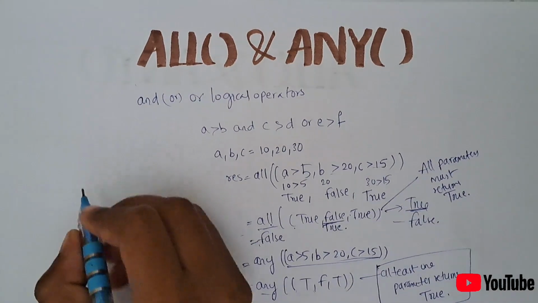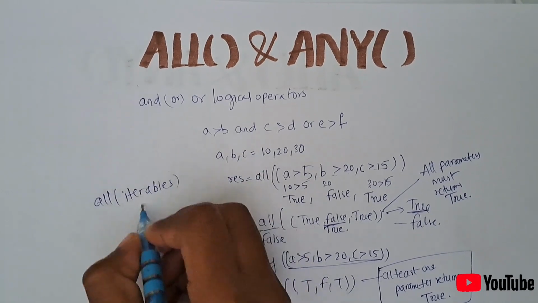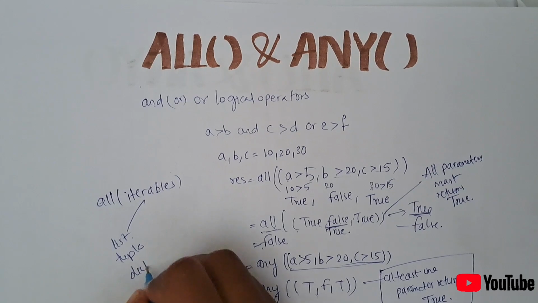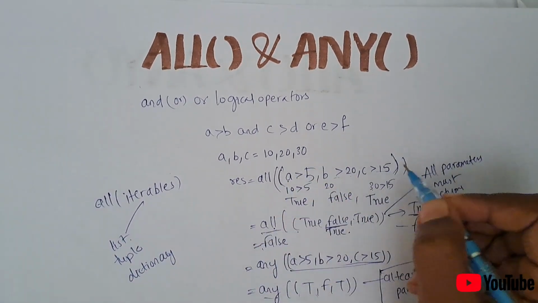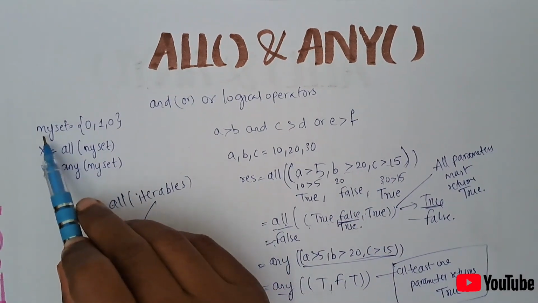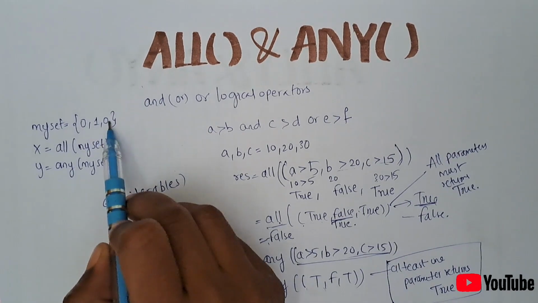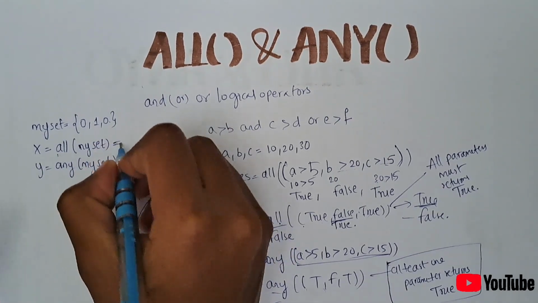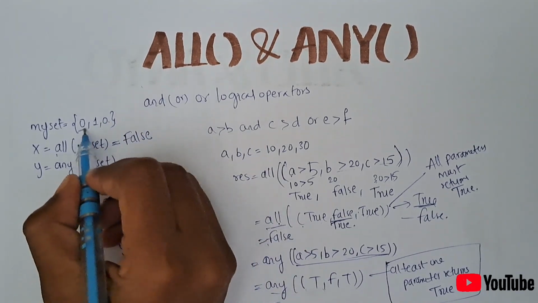Here the all function takes an iterable as a parameter. The iterable can be a list, a tuple, a dictionary, whatever it may be. In this example we have taken the iterable as a tuple. If you consider this example, my set, the elements are 0, 1, 0. When you apply the all function on my set, it will definitely return false, because 0 is nothing but false.